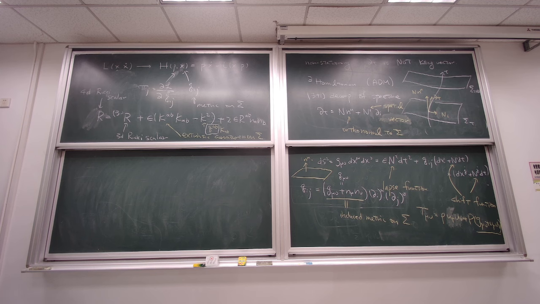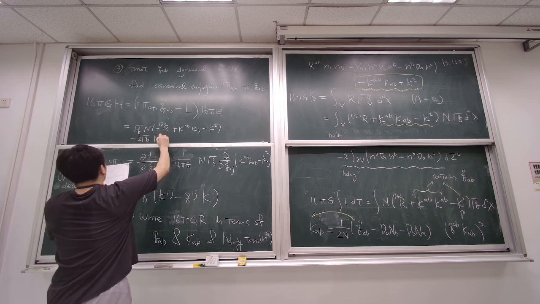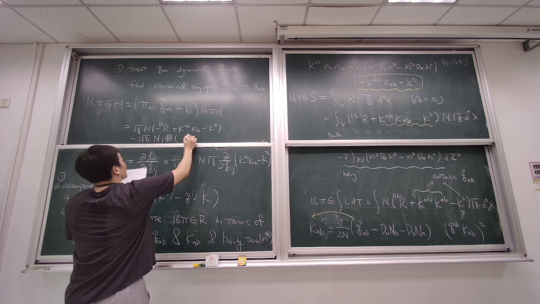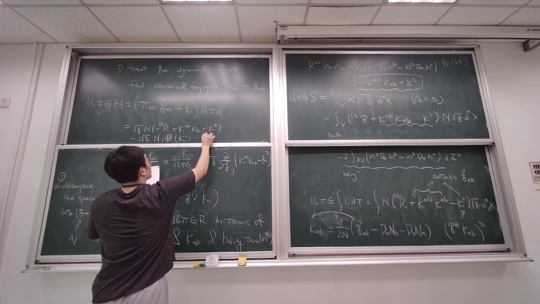So I already wrote it, I'm not going to write down everything, but this can be understood as the square root q, the n times this minus the 3-dimensional scalar curvature plus KAB minus K squared, and then, okay, let me write down here, plus minus 2 square root q n j, nj and di Kij minus qij.